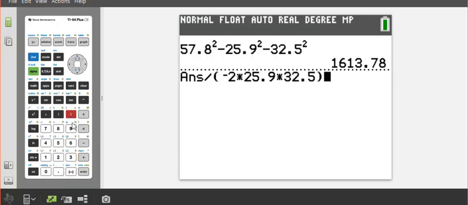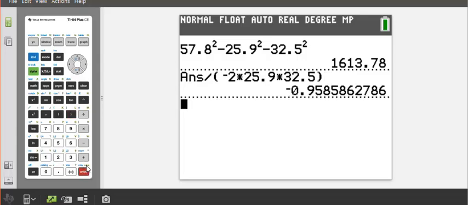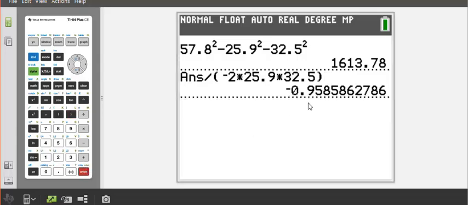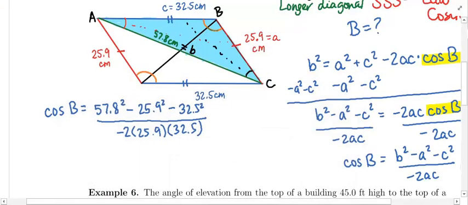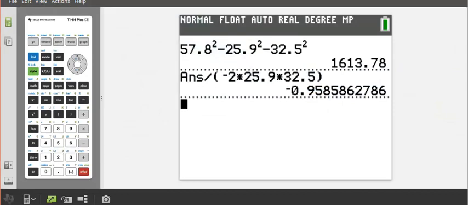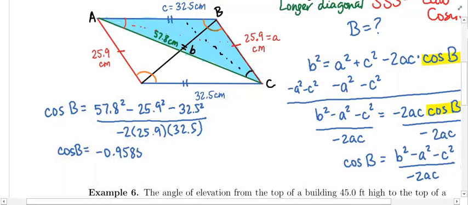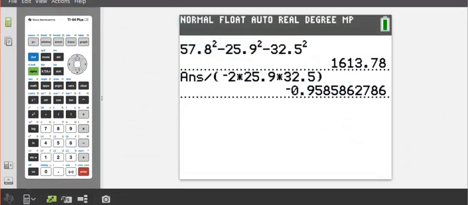Put that in parentheses just to be safe. Here comes the cosine of the angle. I'm going to write out the full decimal expansion; you will need it for accuracy. The cosine of B is going to be negative 0.958562786.